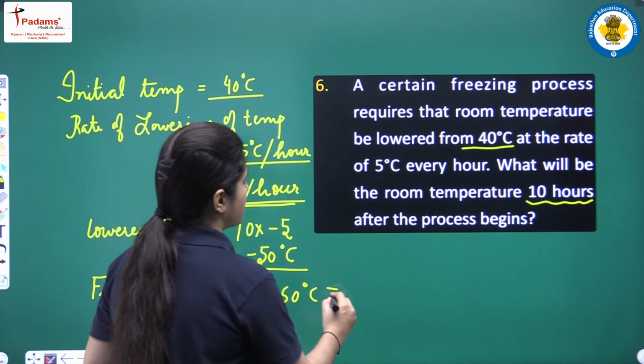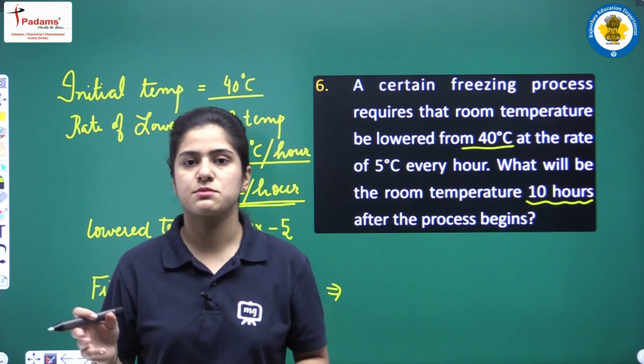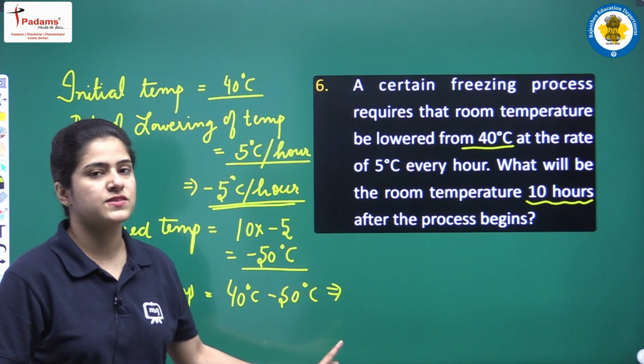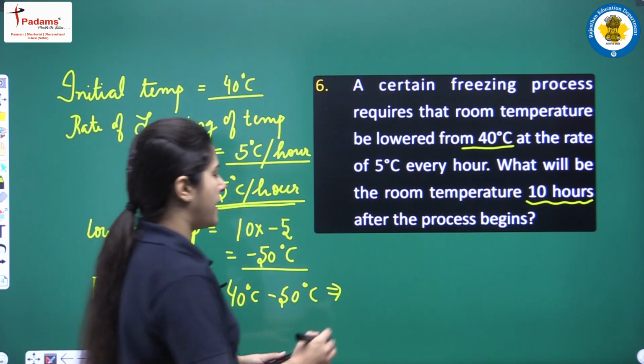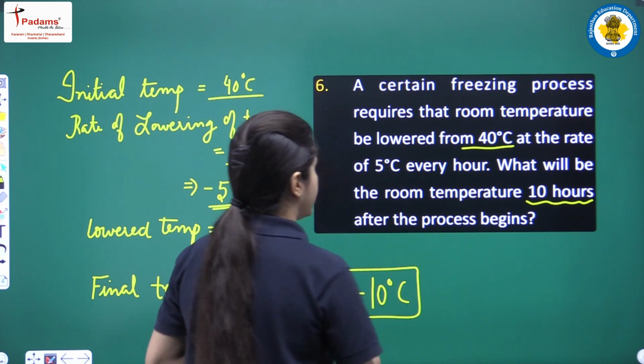So minus 50 plus 40 is equals to minus 10 degrees Celsius, because plus minus is minus. 40 degrees Celsius minus 50 degrees Celsius is equals to minus 10 degrees Celsius. This is the final answer.